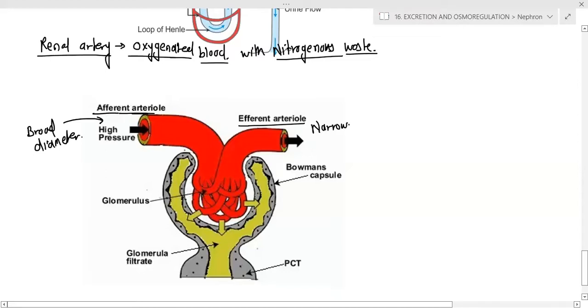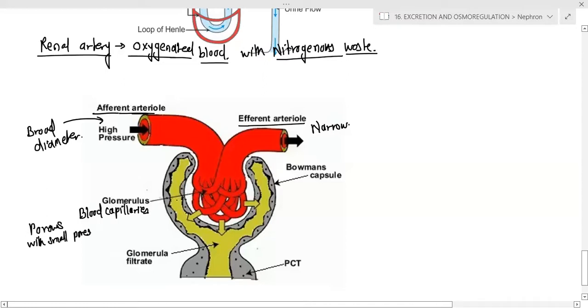Now, try to understand one thing. When the afferent arteriole becomes glomerulus, glomeruli are nothing but blood capillaries. Remember, all blood capillaries are basically porous, with small pores, small holes inside them.